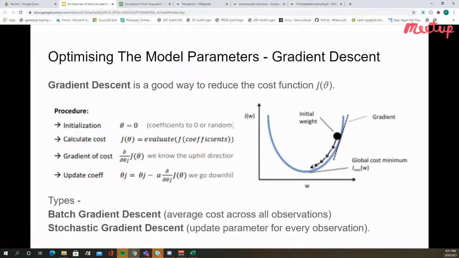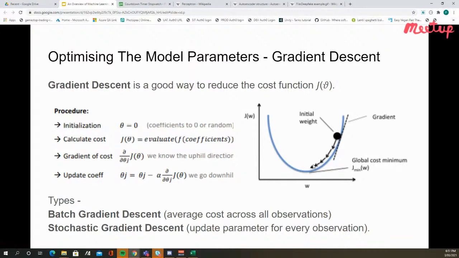And this is how you optimize your model. Models being an ensemble of weights, parameters, metadata, etc. So there's two different ways of doing this. One is you work out the individual cost functions, and you average them all, and you take that value away from all of your weights.